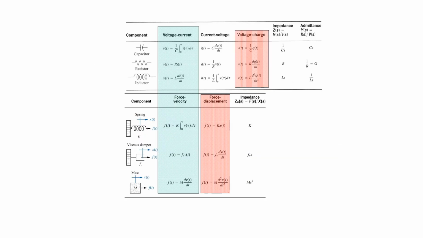The analogies of electrical and mechanical networks can be studied in detail by comparing the tables. If we compare the voltage-current relationship in the electrical circuits with the force-velocity relationship in the mechanical components, we can see that the mechanical force is equivalent to the voltage in electrical networks, and the velocity in the mechanical networks is equal to the current in the electrical networks.